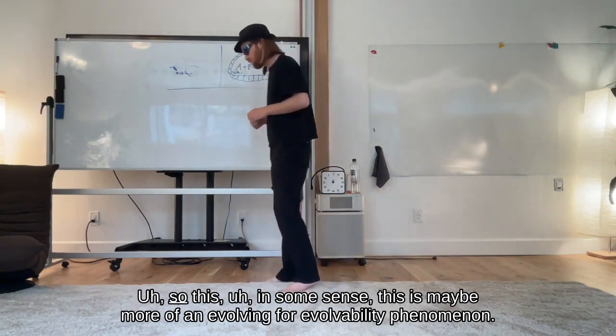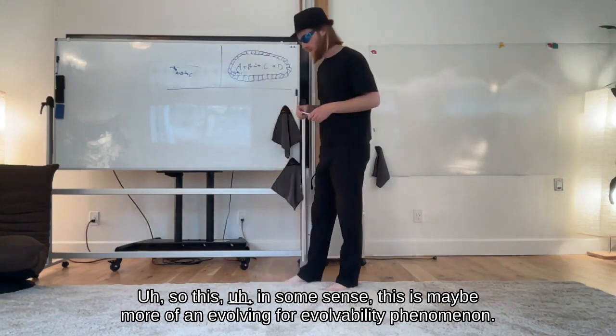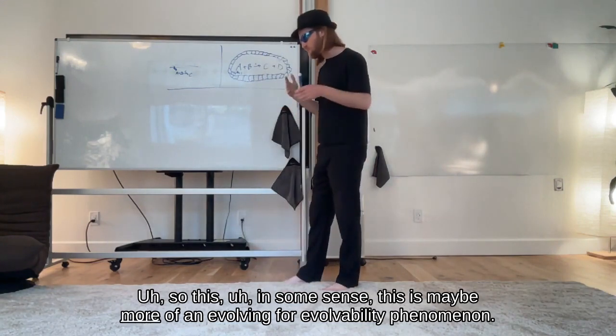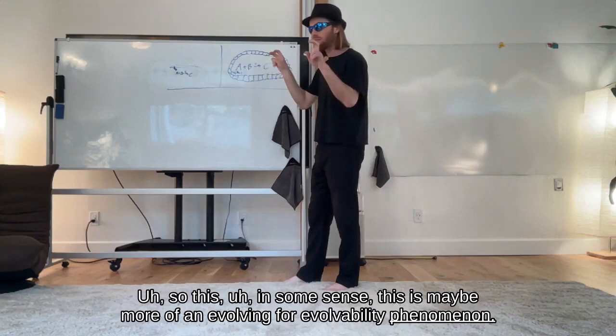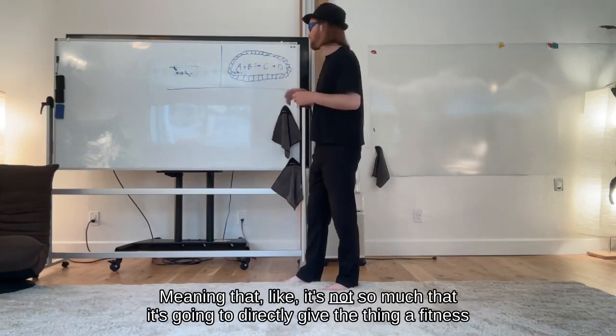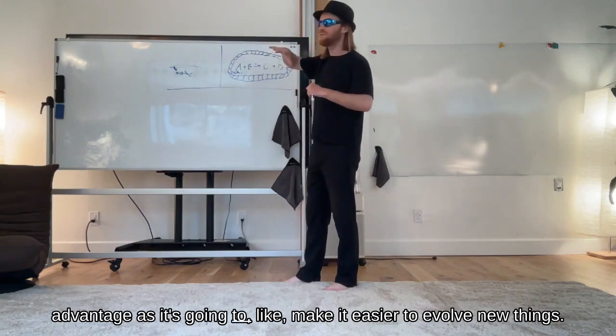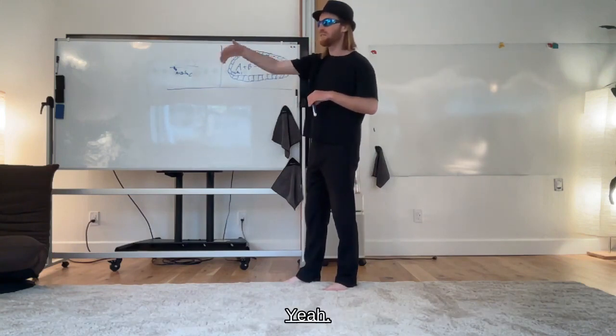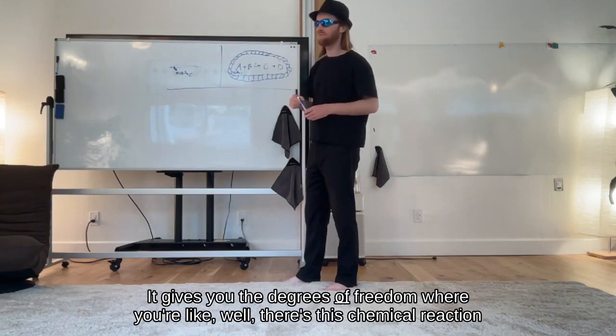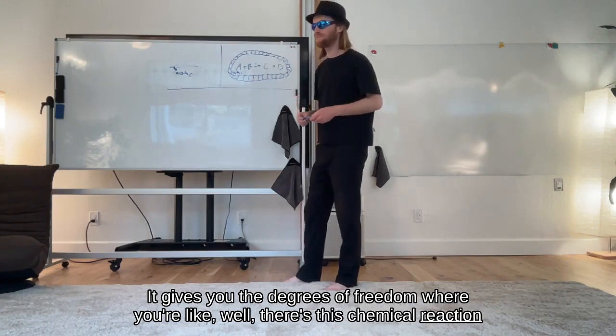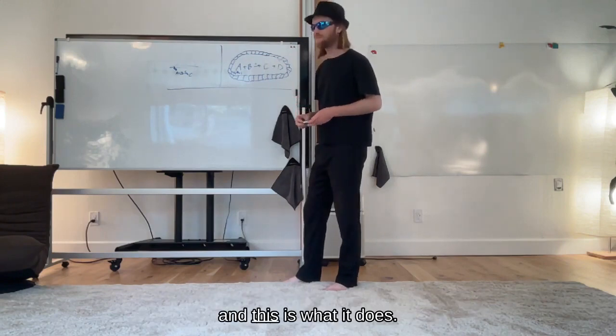So in some sense, this is maybe more of an evolving-for-evolvability phenomenon. Meaning it's not so much that it directly gives the thing a fitness advantage as that it makes it easier to evolve new things. It gives you the degrees of freedom where you say, well, there's this chemical reaction, and that's just what it does.